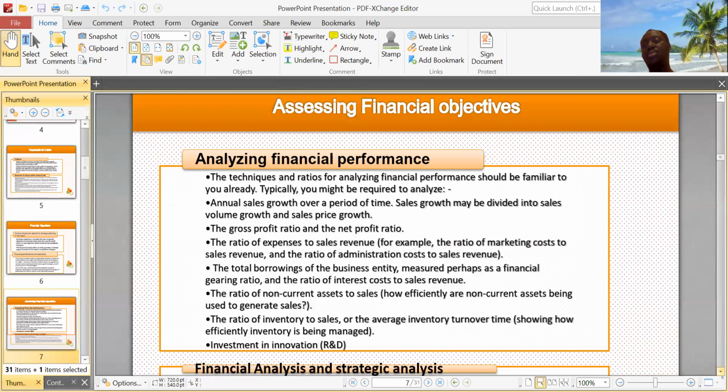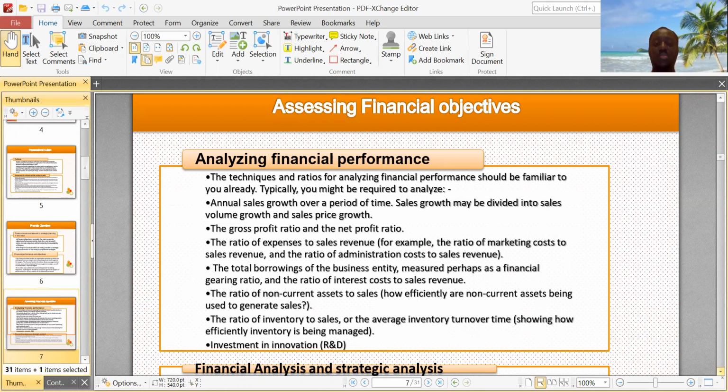You know the sales in the previous year, and you're able to calculate the percentage growth or percentage decline in the sales. Sales growth may be divided into sales volume growth, that is sales quantity growth, and sales price growth. So two things can grow, the quantity or the price. Those two things affect sales.